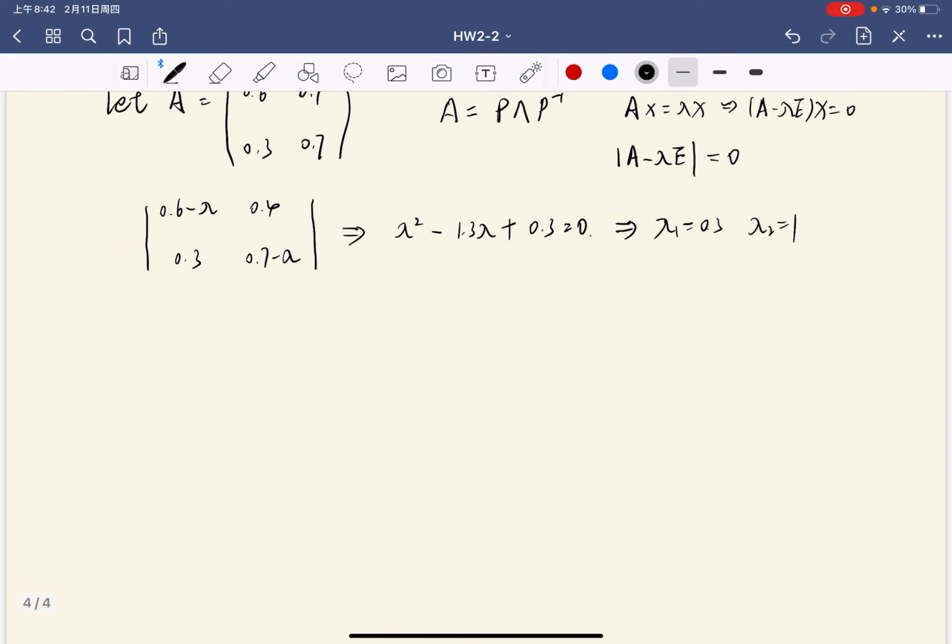Then we need to calculate the eigenvector of each eigenvalue.